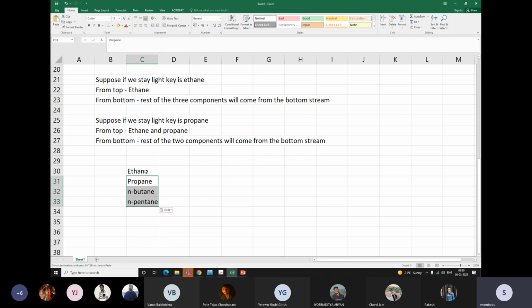If you have 4 components and you want to make them individual pure ethane, pure propane, then we always need n-1 distillation columns. If you want to purify all the components to 95% or higher, then we need n-1 distillation columns. So what it means? Let's say I define propane as light key.